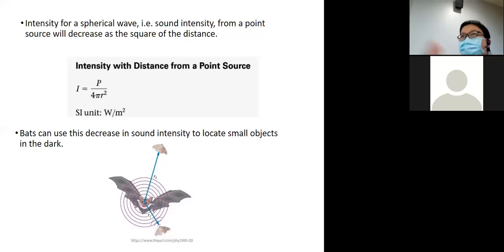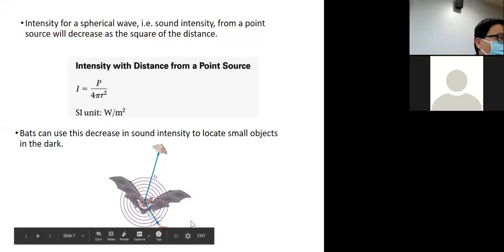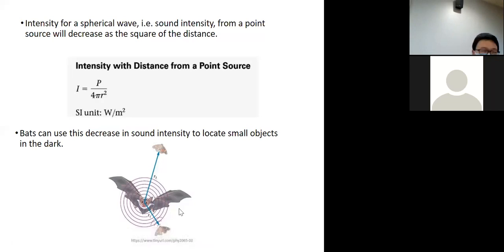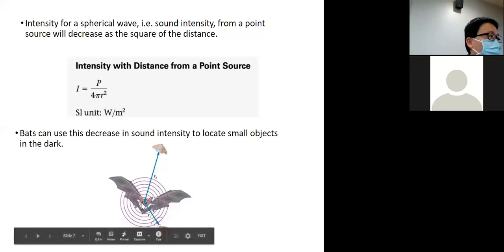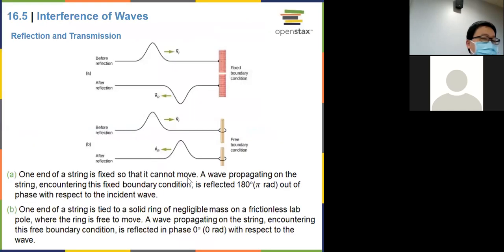I don't think I can do that, but they can. So the sound wave that the bat gives out also comes from a point source, and you can calculate the intensity by equation two.